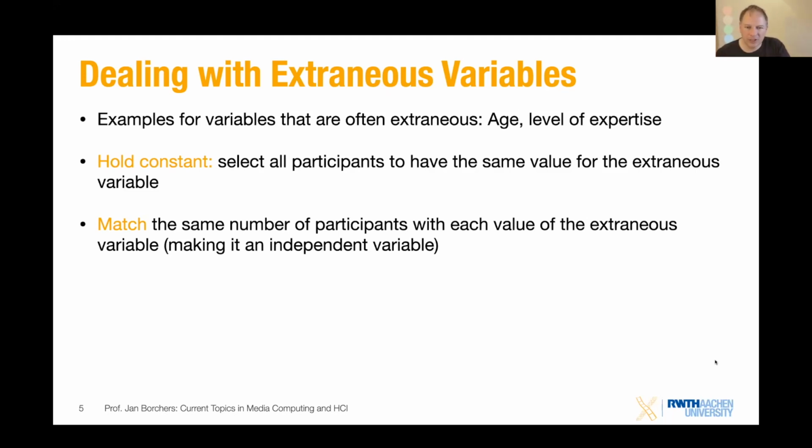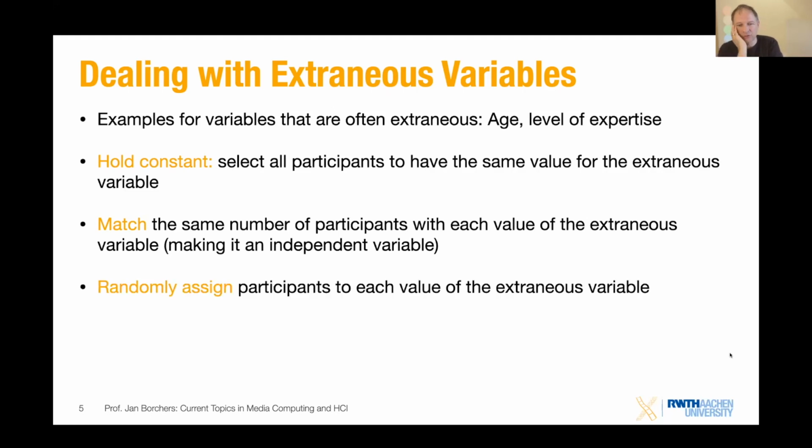And then I'm going to test things separately and record and look if there is any effect. What you've done now is turn your extraneous variable age into effectively an independent variable. You are now controlling and manipulating it consciously, which is also okay. It does mean, however, that you end up with more experimental variations, and your experiment is going to take longer, or you're going to need more users. That's a problem.